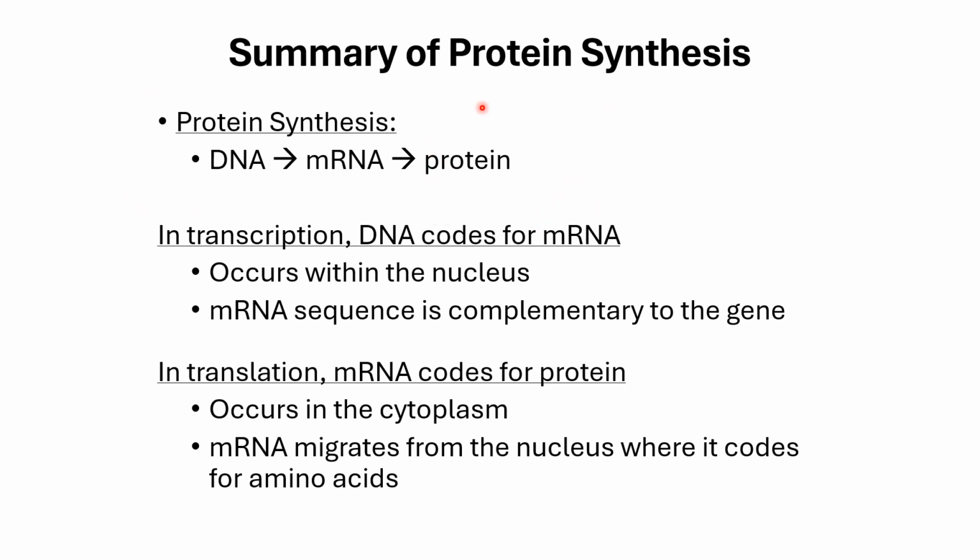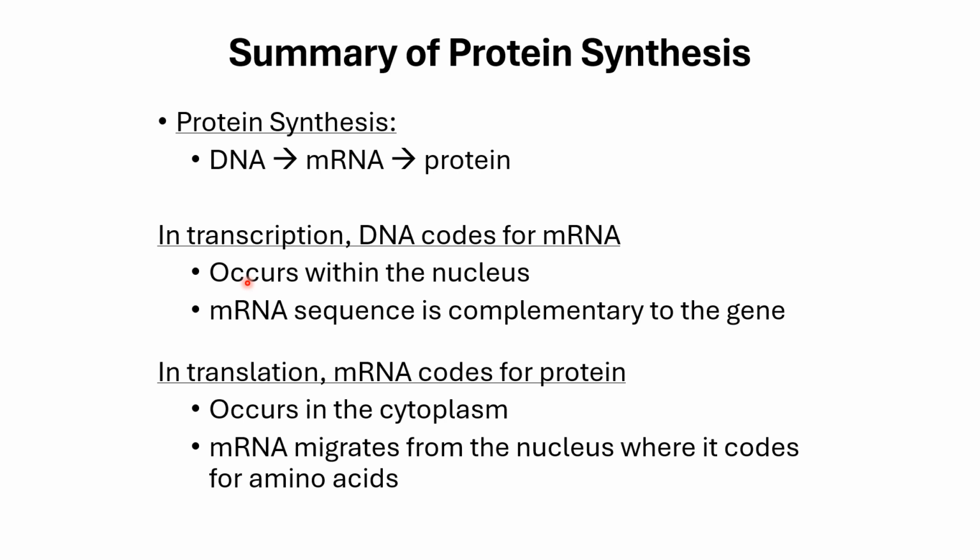There is a DNA. DNA produces a messenger RNA, and it's the messenger RNA which produces protein. DNA gives instructions to make the messenger RNA. Messenger RNA starts assembling amino acids to make a protein. The step from DNA to production of mRNA is called transcription, and this process occurs in the nucleus.